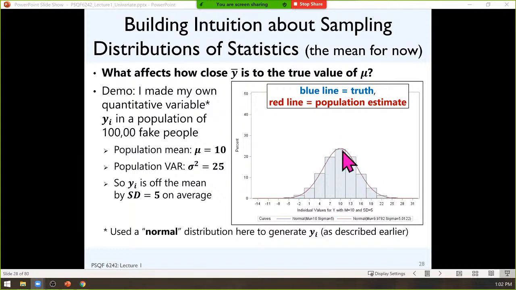So the mean is the most likely middling value here. It is not skewed. It is symmetric, so the mean, median, and mode would be right on top of each other. And by simulating it to have a variance of 25, what I'm really saying is that even though the mean is 10, any one of these 100,000 people would be expected to be off from that mean of 10 by 5 on average.